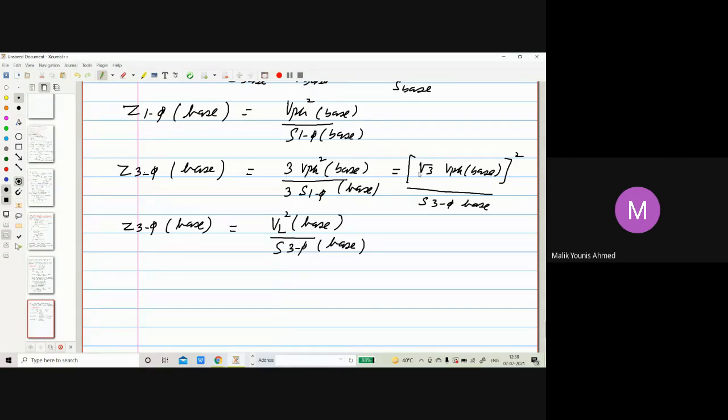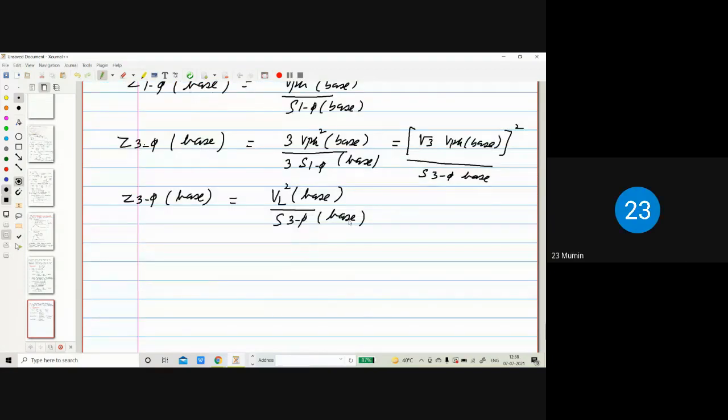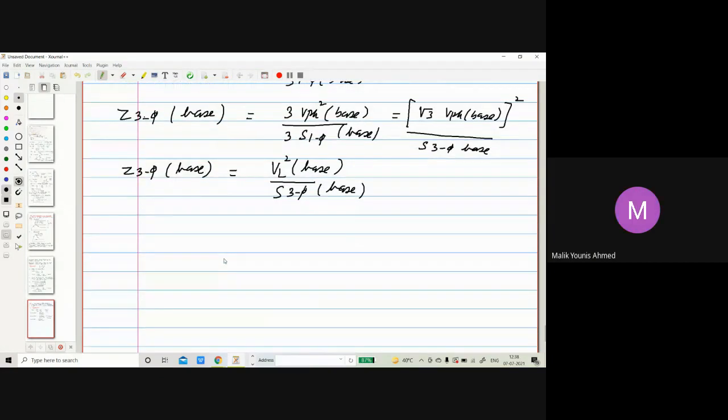So we simply write V L square, because under root 3 V phase is equal to V L, which we know in the star connection. Is it clear or not? Yes, sir. Okay. Number 4 is power ratings.